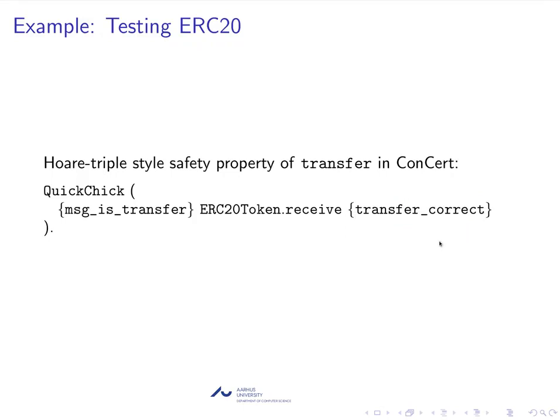In this case it could assert that the balances are updated correctly for the sender and the receiver. This is tested using QuickCheck, where by default thousands of tests are executed, and it usually takes less than a minute.